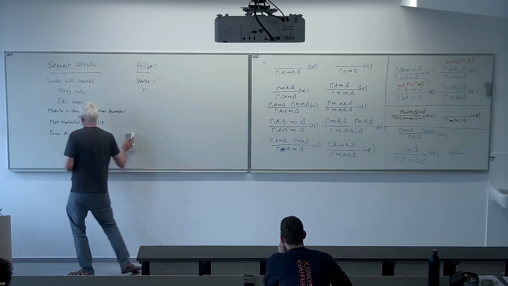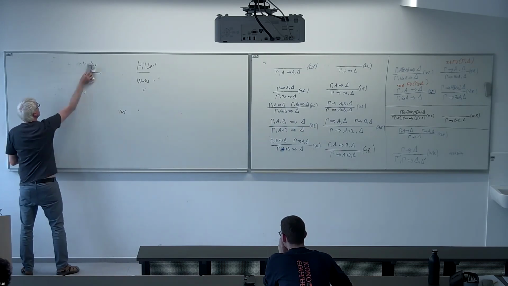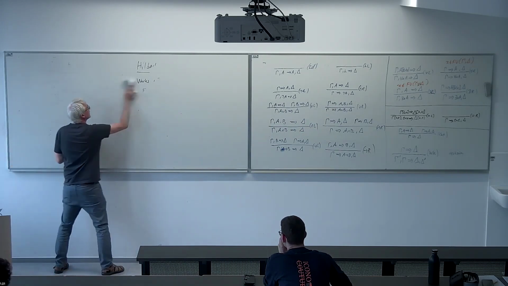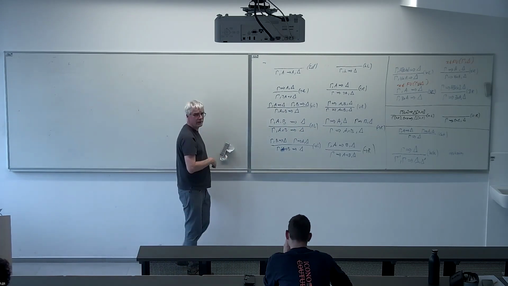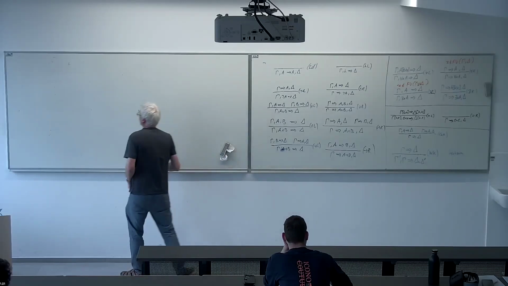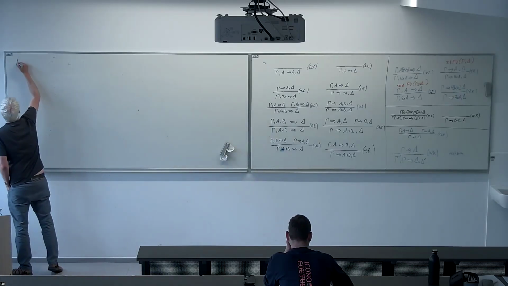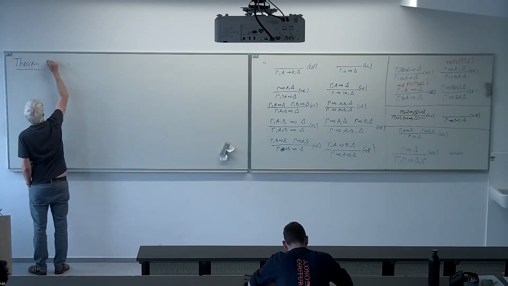And this is a purely proof theoretic theorem. What I want to do is show you how we can convert a proof in the Hilbert system into a proof in sequent calculus. So this is the theorem, simulation of the Hilbert system.